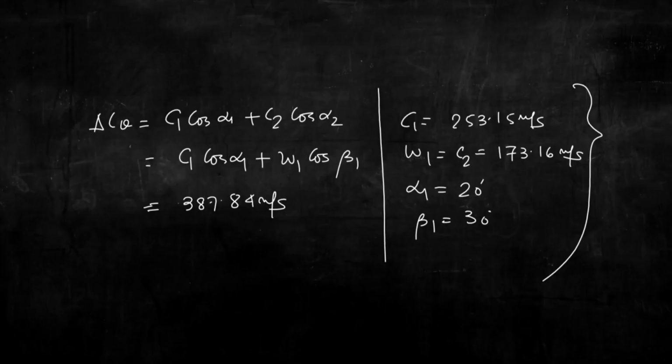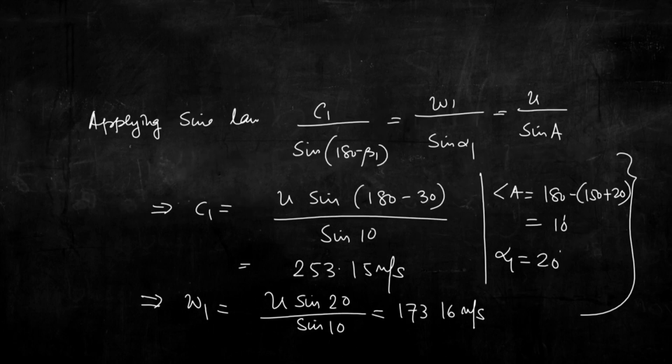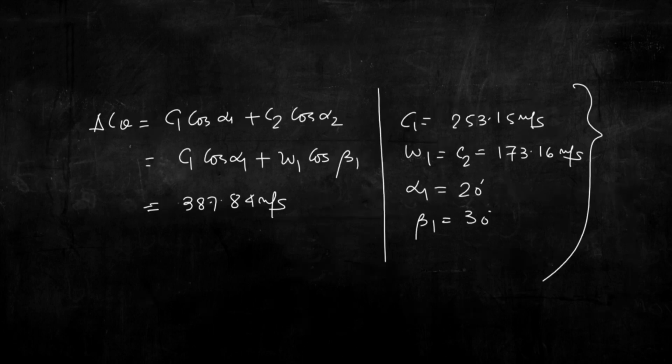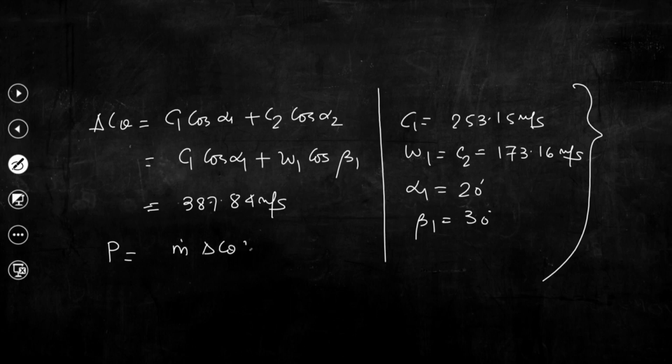then we can easily calculate the power developed P equal to m dot delta C theta U divided by 1000 kilowatt, right.